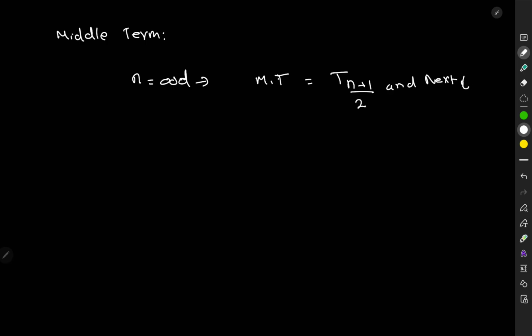When n is even, the middle term will be t of (n by 2 plus 1), fine. This will be the middle term. This is a condition, and let's see one question based on this.